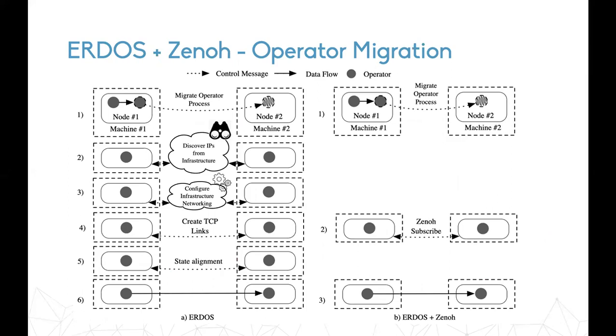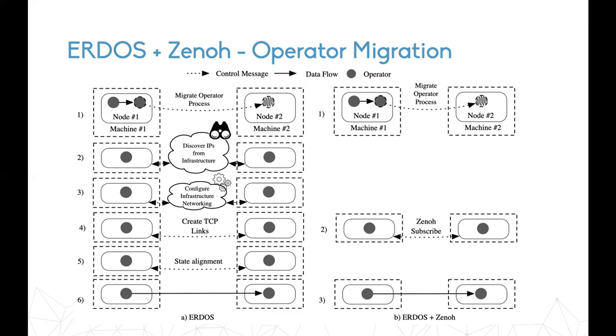Then we need to discover the IP in the infrastructure because we need to know where the operator was migrated. We may need to do some configuration of the infrastructure networking because, for instance, if we are in a data center, we need to do some OpenFlow or some configuration on the switches in order to achieve connectivity between these two machines. Then we need to create the TCP link, provide some state alignment, and then we can have the data flows.